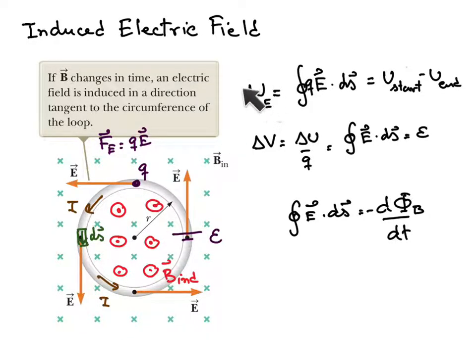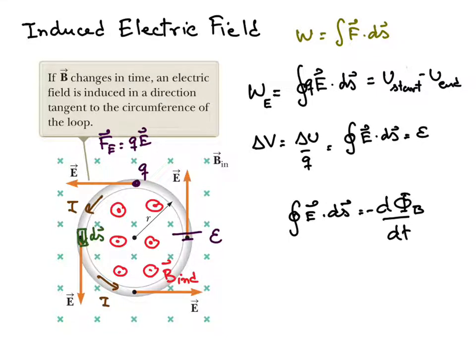The work done by the electric field can be calculated using its definition, that work is equal to the integral of F dot ds, where ds is a displacement vector pointing in the direction of the motion of the particle. In this case, the positive charge moves counterclockwise, so ds points in the counterclockwise direction like this.